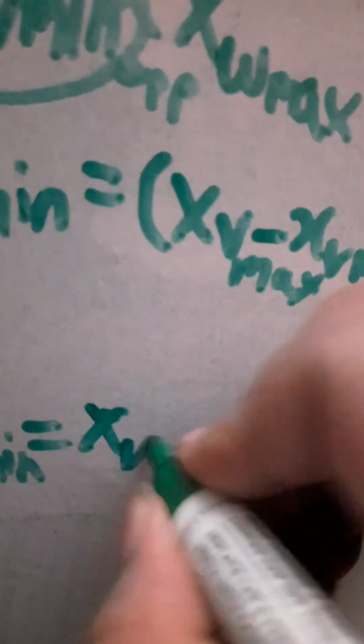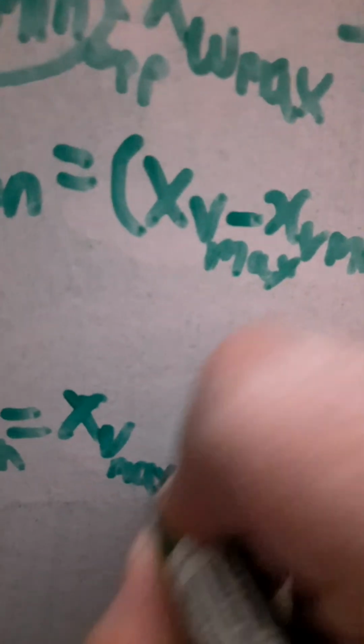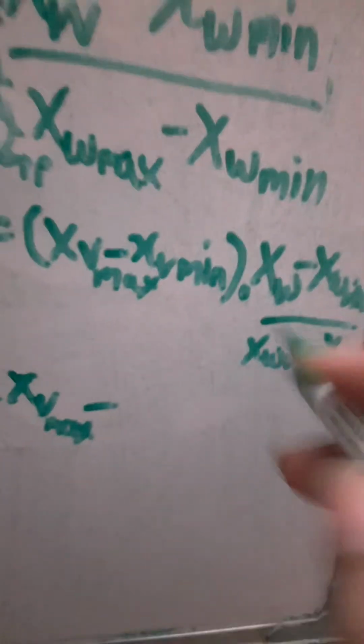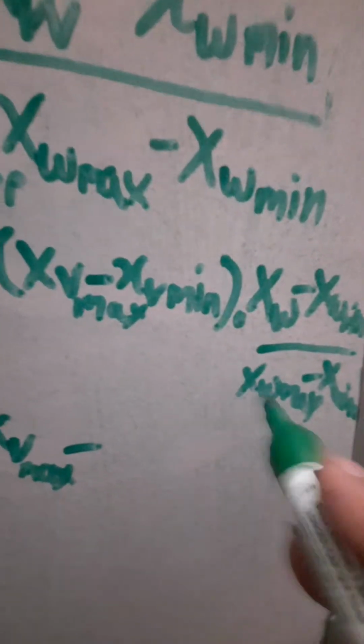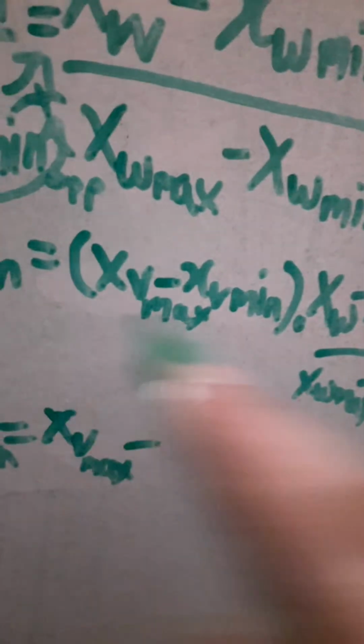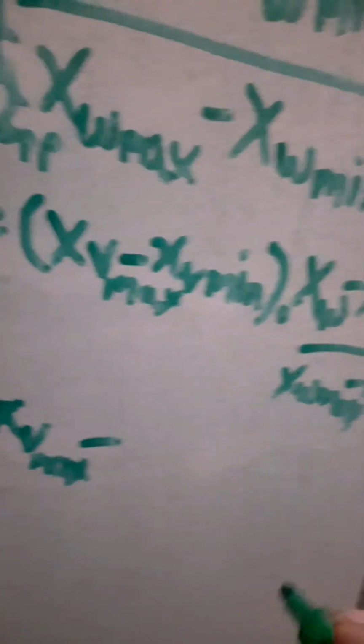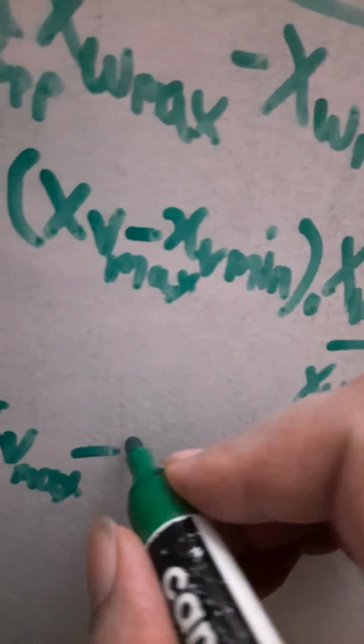So this one is xv max, like I can exchange this denominator because this is not addition, it is multiplication. So they are independently multiplying. So here it is 1, so I can multiply this to the whole thing.